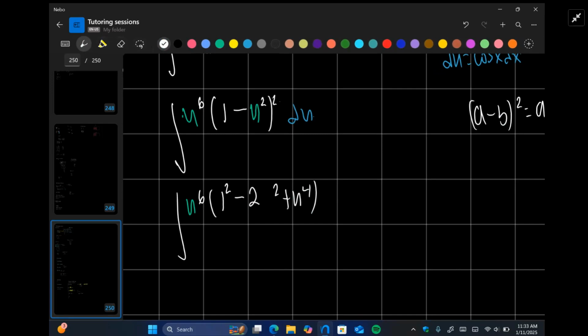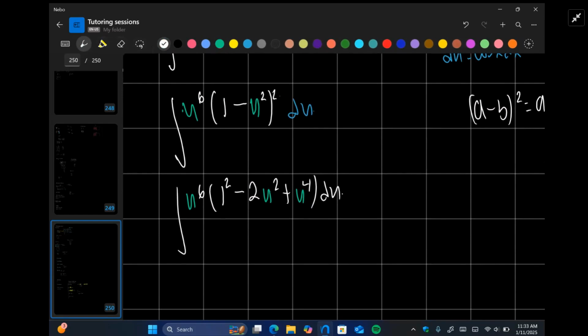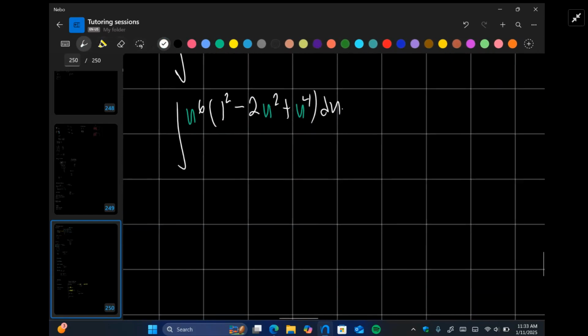Again, just color code here. Now let's simplify this, and it's du. So let's take off the color coding for du. Simplifying a little more: u to the 6 times 1 minus 2u squared plus u to the 4th, and then du.